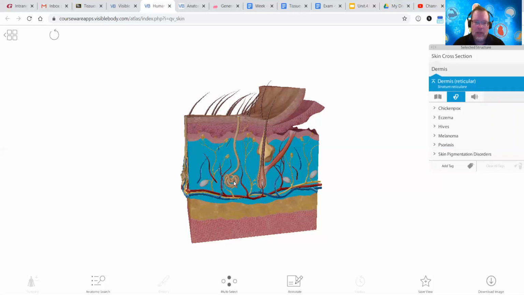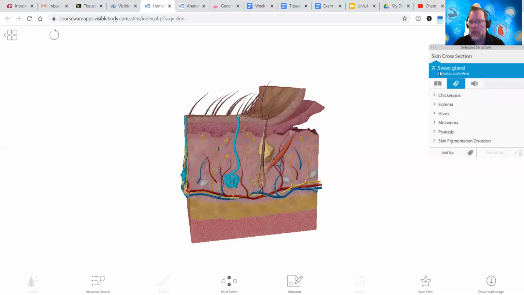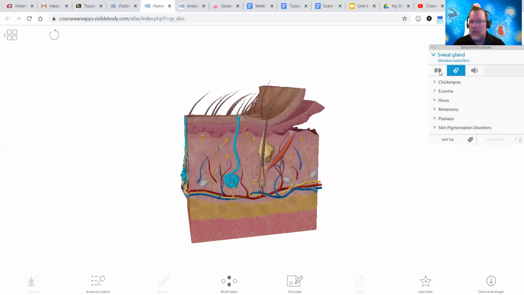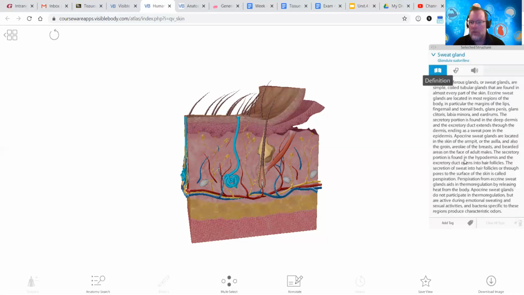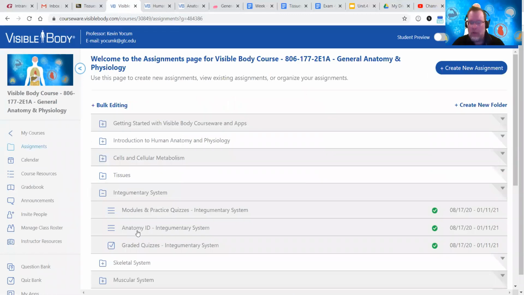And again, I could click just on a gland if I want. So it's showing me a sweat gland. I click on the definition of sweat gland. It'll give me some information that way. So you can spend no time, a lot of time, whatever time you want in that area. Just know that this is your first introduction to the anatomy ID option.